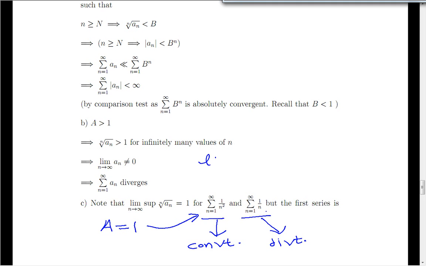Root test practically we apply in this way. We find nth root of sequence a_n. If limit exists, then limit superior also exists and it equals the limit.